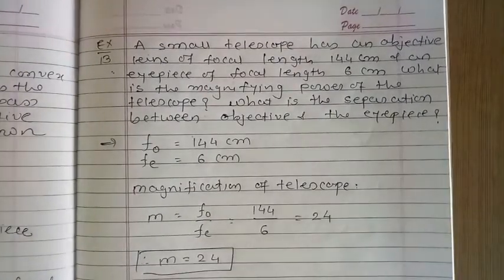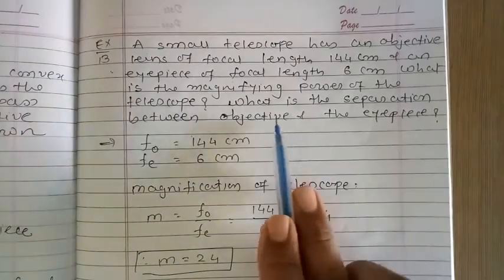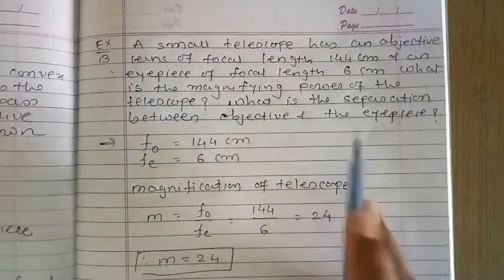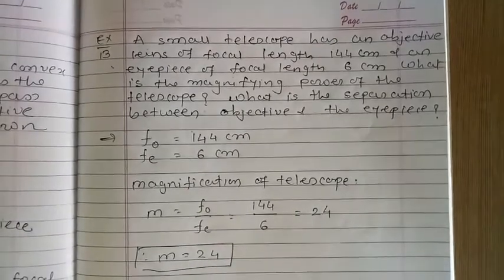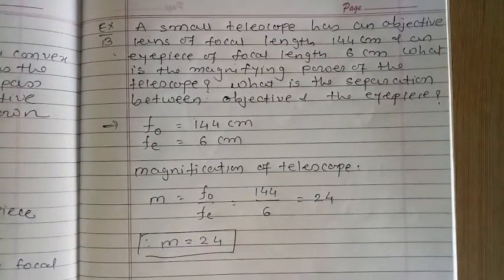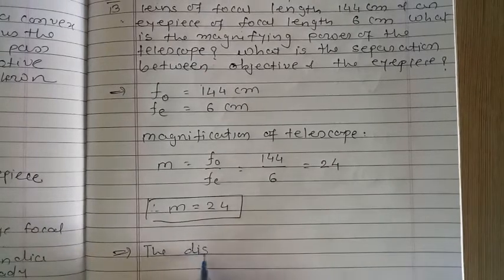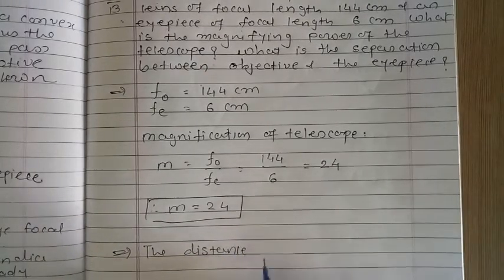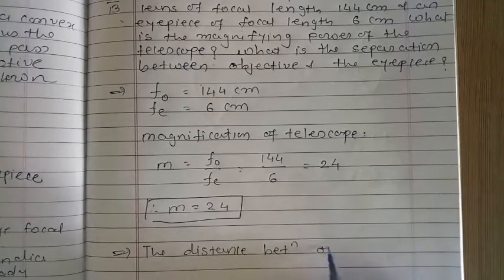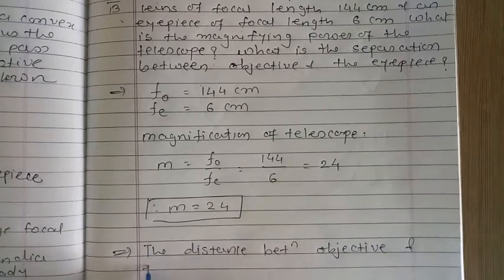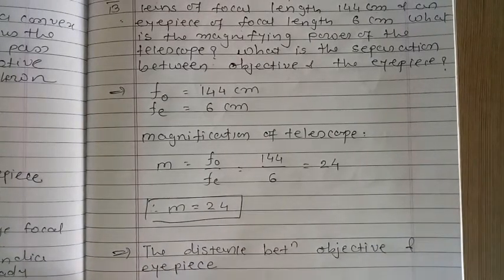Right. Now we have to find out what is the separation between objective and eyepiece. So the distance between objective and eyepiece is equals to FO plus FE.